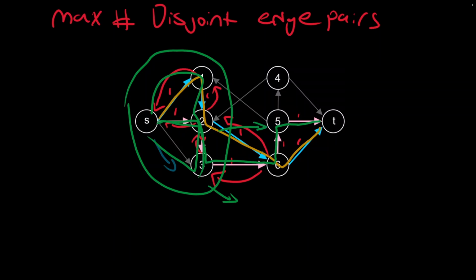It's 1 plus 1, and that's 2, and we find that the max number of, let's call it, disjoint edge paths is equal to the maximum flow, because those are all the unique paths that we can take from S to T. So in this case, the number of disjoint edge paths is equal to the maximum flow.